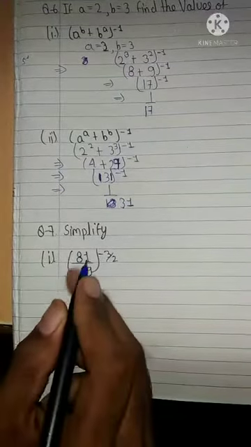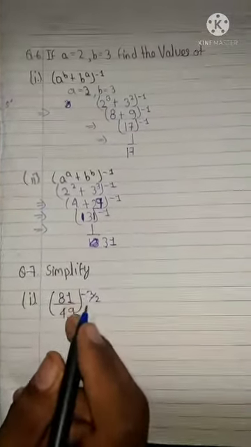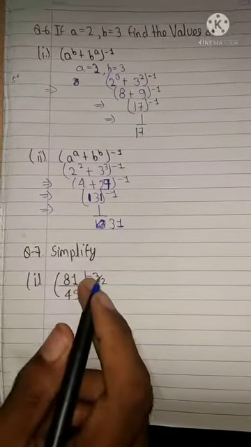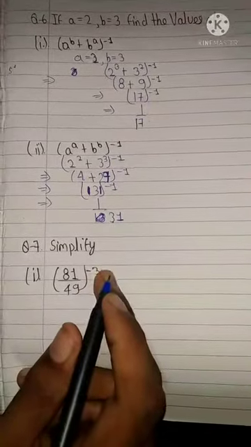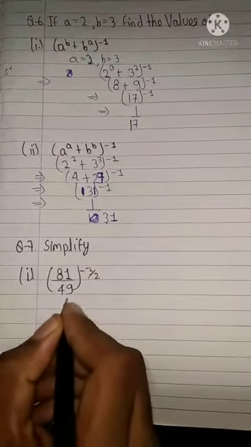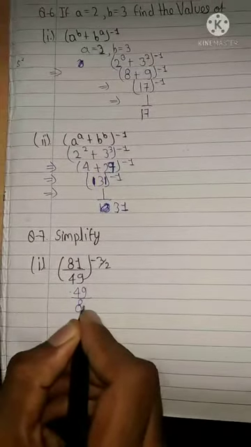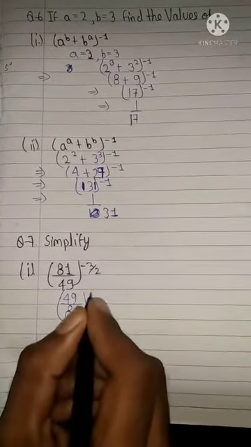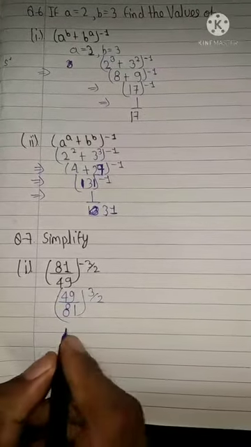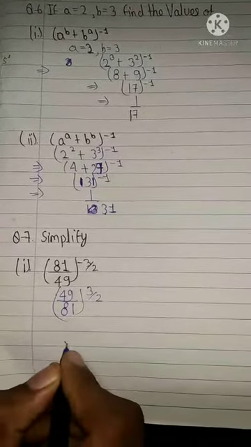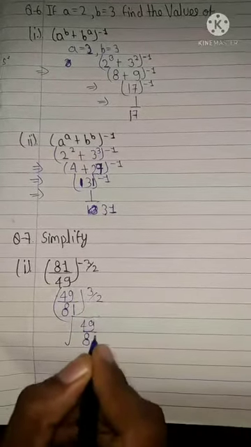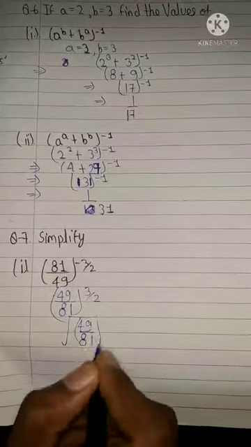And another question is simplify (81/49)^(-3/2). First we change the numerator and denominator because the exponent is negative, so write (49/81)^(3/2). Then we find the square root of 49 upon 81, then it becomes (root 49 upon root 81) to the power 3.